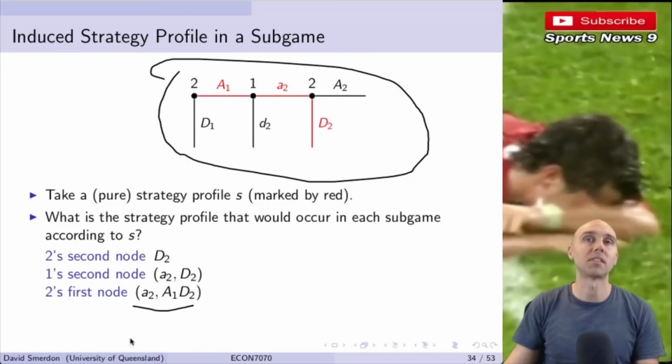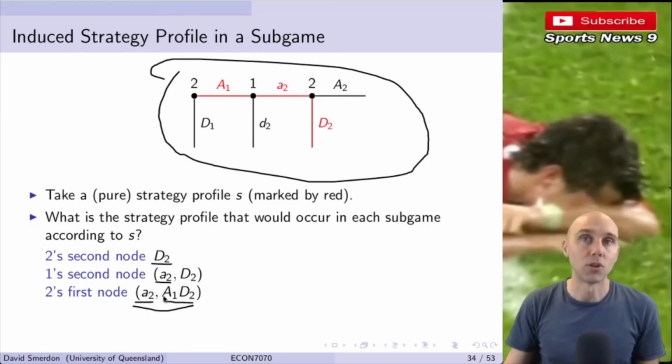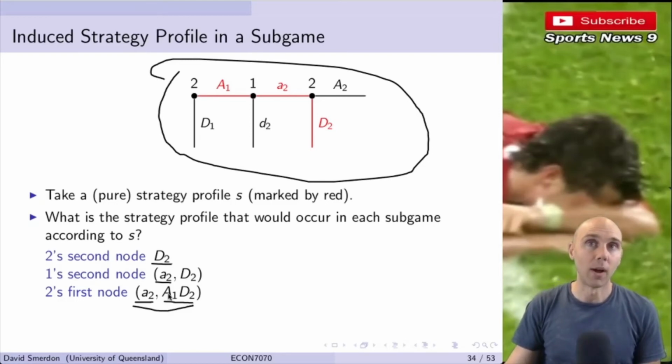We always want to start with player 1's strategy profile when it exists. It didn't exist at all in the first game, but here we've got player 1, player 2. So here we've got player 1's strategy profile, player 2's strategy profile. So player 2's strategy profile starts with A1, so playing across in player 2's first node and playing down in player 2's second node.